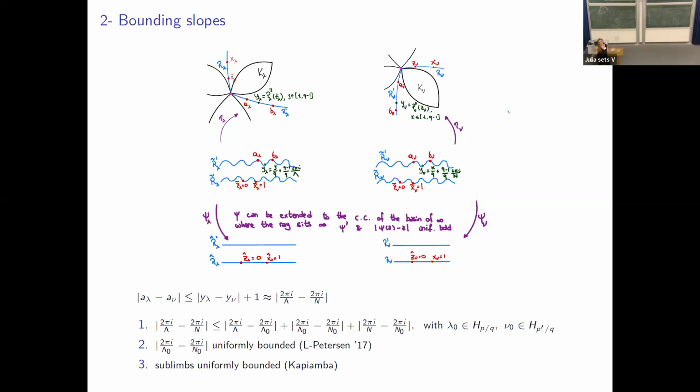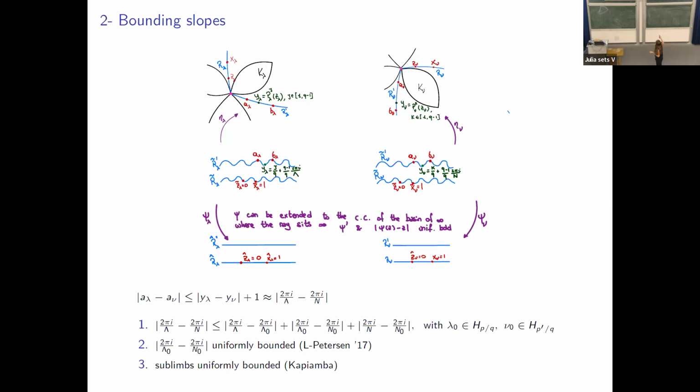But then you can use dynamics. If I can normalize this point, for example, to be 0, I know that there is an iterate of this point that goes on this ray, and the same here. If this point goes to 0, there is an iterate that goes on this ray. And this allows you to put coordinates.